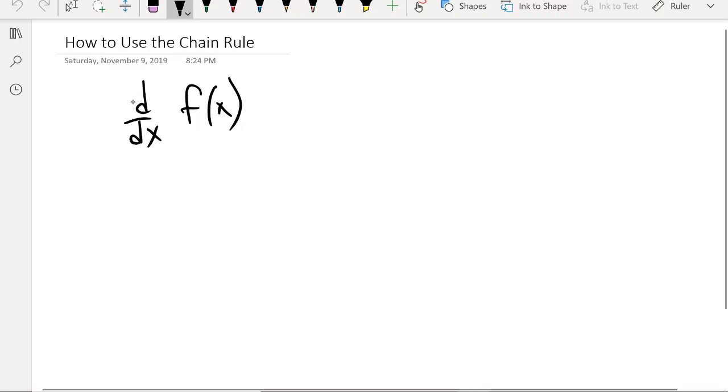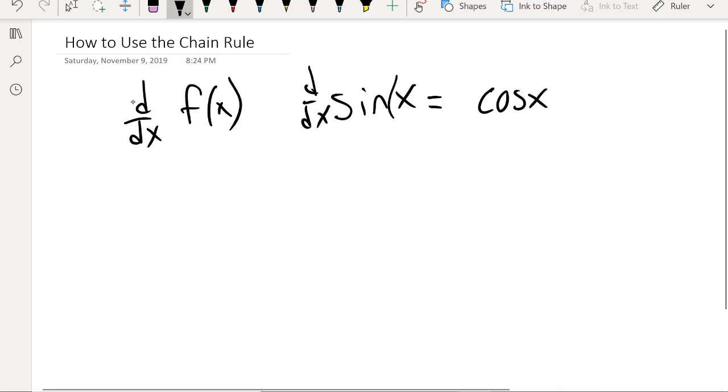So for instance, if I take the derivative of sine x, if you're familiar with your trig derivatives, it's going to be cosine. But since sine has an inside function, x, I have to take the derivative of that function.